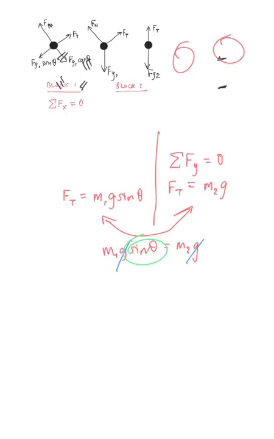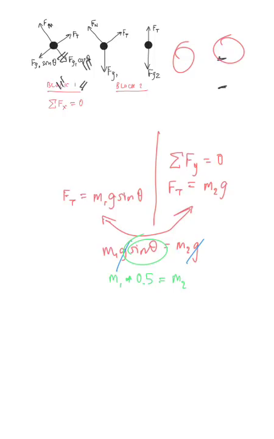In this case, sine of 30 is equal to 0.5, so what it's saying is m1 times 0.5 is equal to m2, which means that m1 has to be bigger than m2 because you're basically cutting it in half to equal m2.